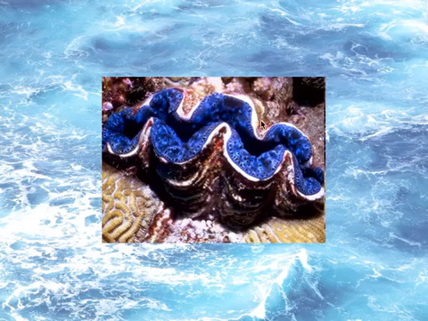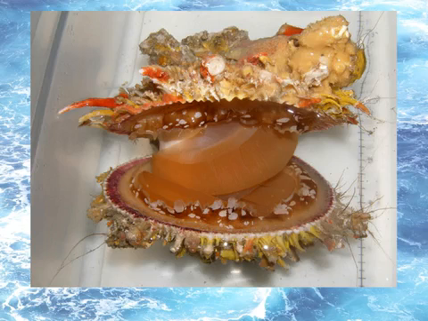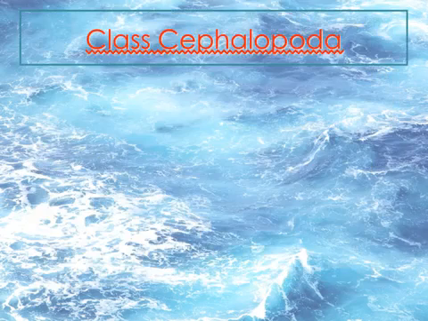Here's one side, and then here's the other with the mantle underneath. Here is a bivalve with the foot sticking out here, this muscular foot. Here's another bivalve. This shows a really good picture of the 2 shells. So 1, 2, the muscular foot and the mantle.